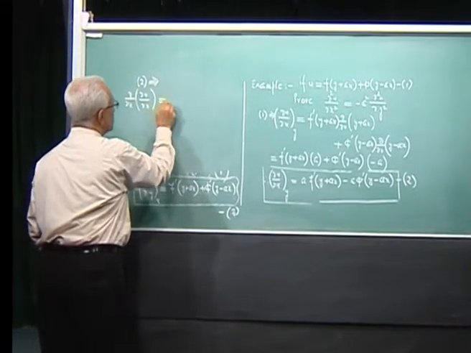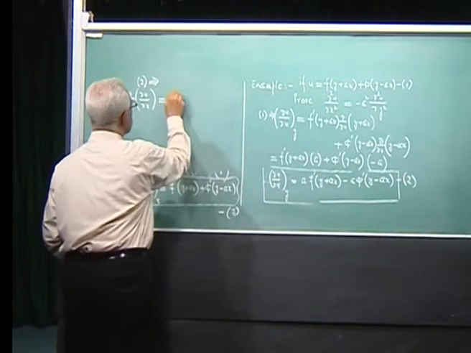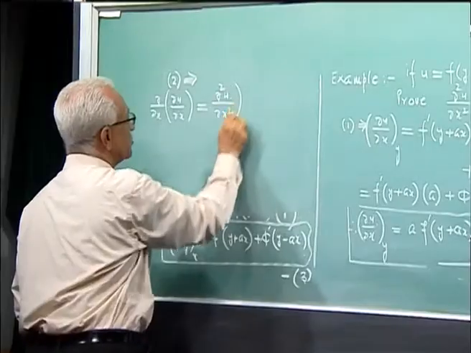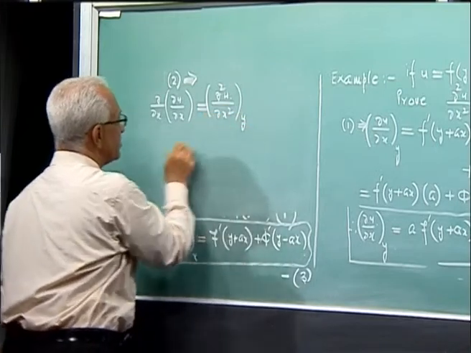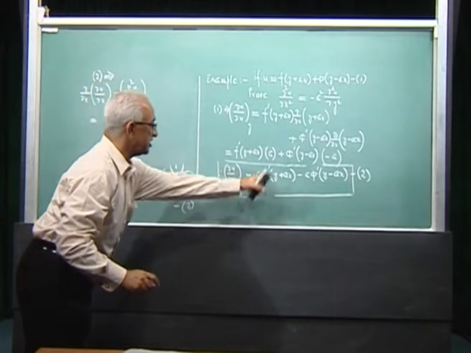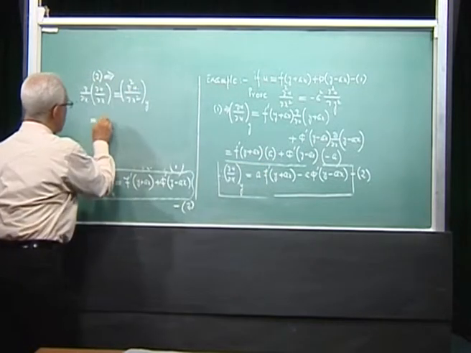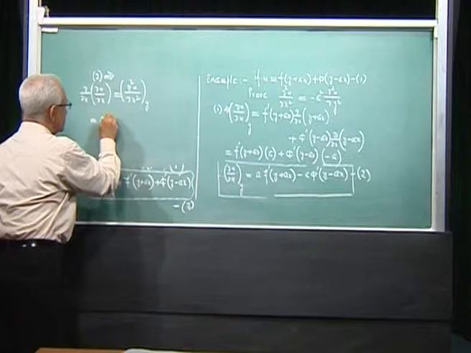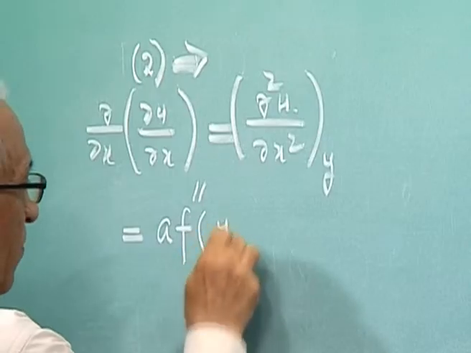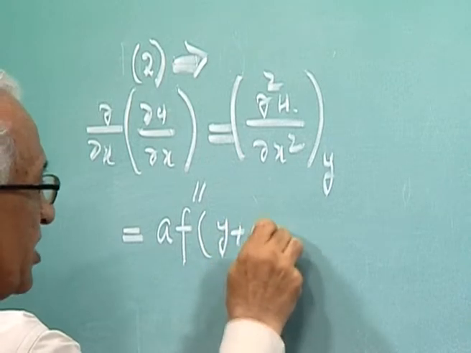We understand because of the last 2 lectures this can be written as d2u upon dx square. Of course, y is treated constant. On the right hand side, if you look from here, that is equation number 2, we will be having a, this will become f double dash y plus ax.